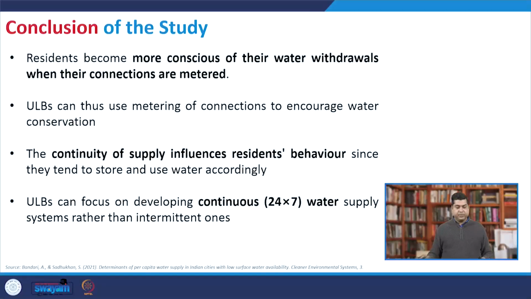Coming to the conclusion of this study, residents become more conscious of their water withdrawal when there is a connection or meter. It's the same as whenever you know that you have a meter for electricity, when you leave the room you always switch off the appliances. But for water probably we don't, because we just assume that it is being supplied, right?